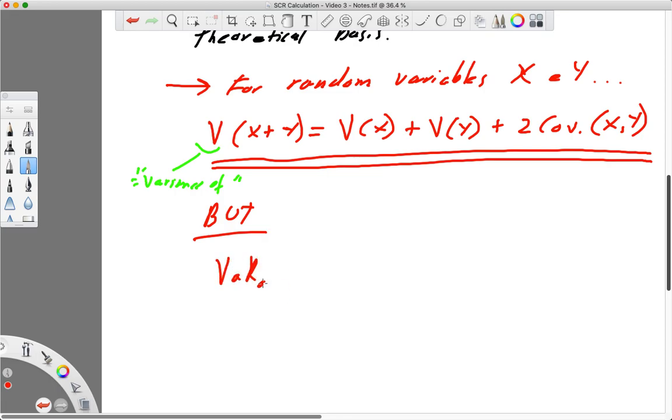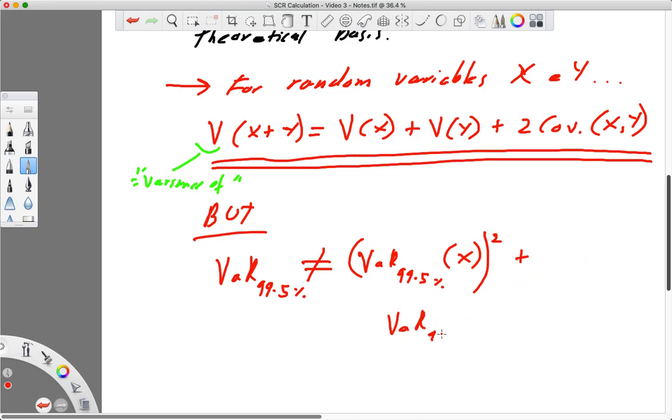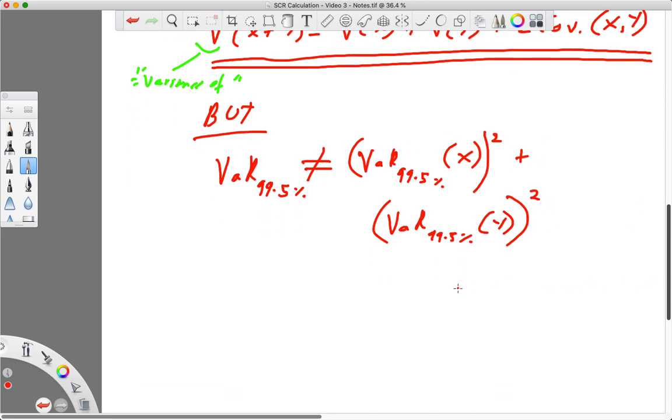But the value at risk, 99.5% point, of x plus y is not necessarily equal to the square root of value at risk 99.5% of x squared plus value at risk 99.5% of y squared plus 2 times value at risk 99.5% of x times value at risk 99.5% of y.